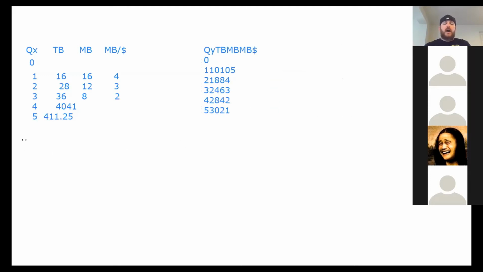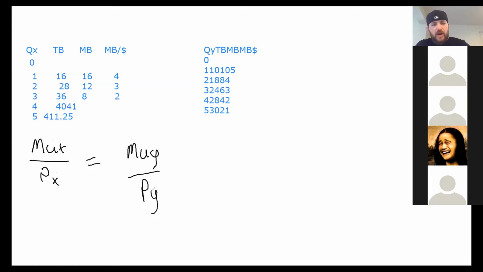So the formula: the marginal utility of X over the price of X is equal to the marginal utility of Y over the price of Y. In this case, they've told you what is being purchased, right? They're purchasing 4 units of good X and 2 units of good Y.